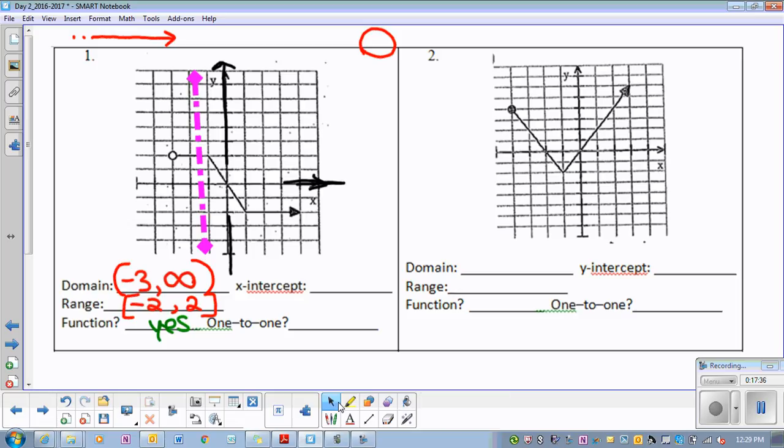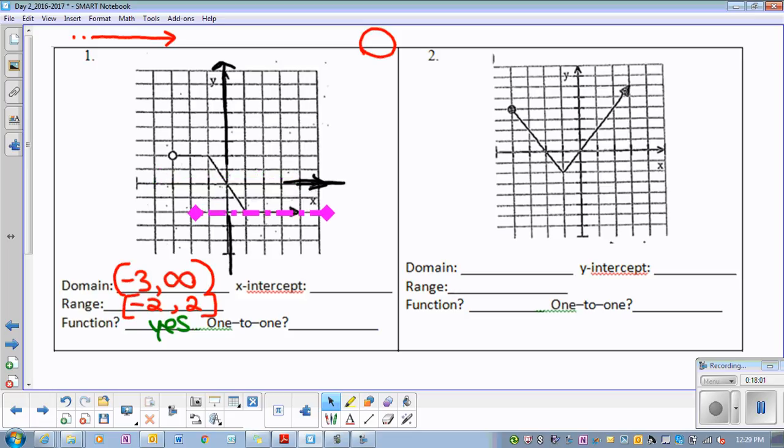All right, so now, is this one-to-one? For a function, you can use the vertical line test. For one-to-one, you have to use the horizontal line test. So basically the same thing except with a horizontal line. You see this middle part right here? It only hits the horizontal line in one spot, right?